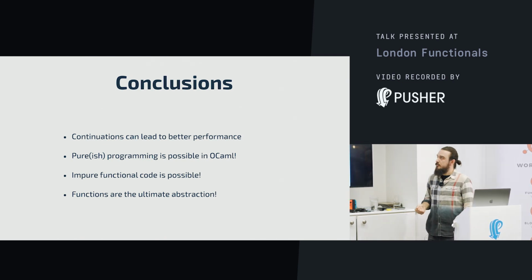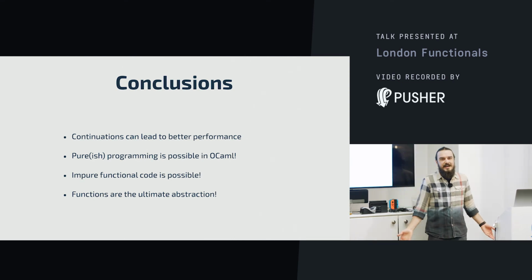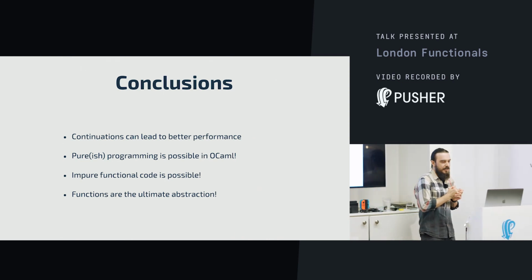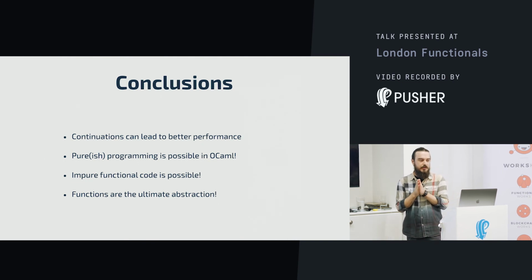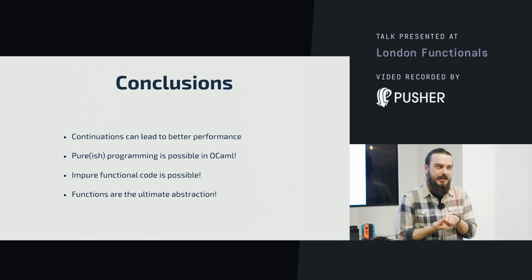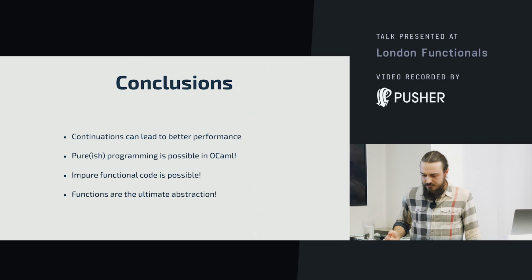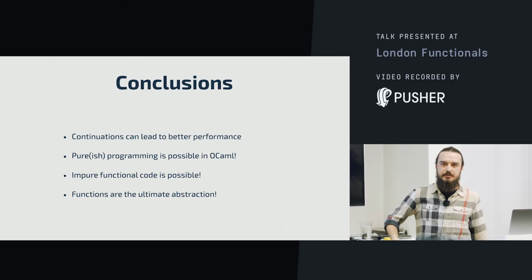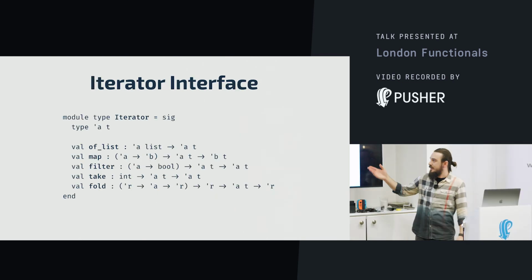Pure programming is actually possible in OCaml. I mean, of course, it's not enforced by the type system or anything, but even in Haskell, you have to kind of pretend sometimes, right? Like all the unsafe functions and all of that. And also, impure functional code is possible in OCaml. And it essentially means that, yes, the initial push-based and pull-based models that I showed you use mutable state and exceptions and all of that, but they are all protected by this interface.